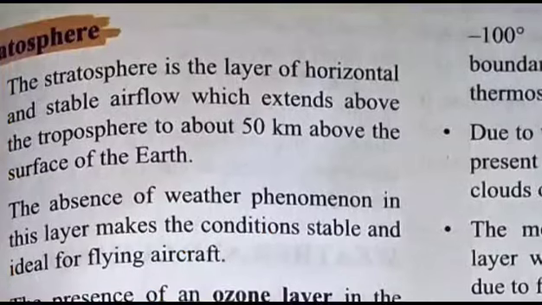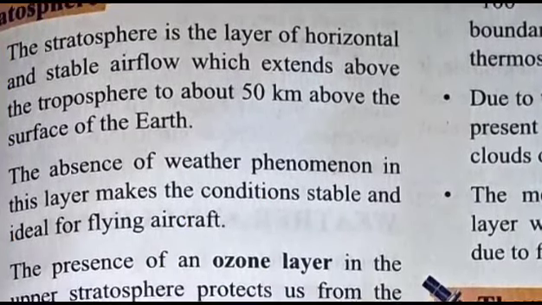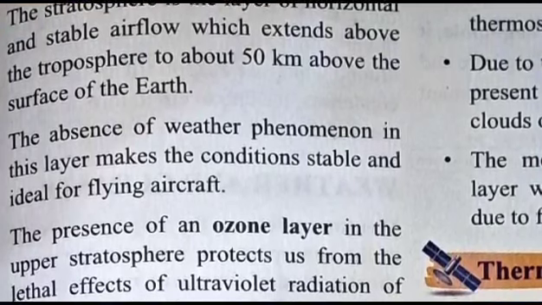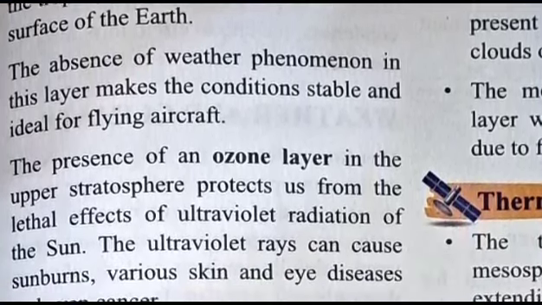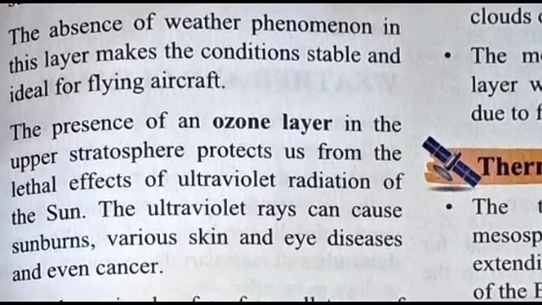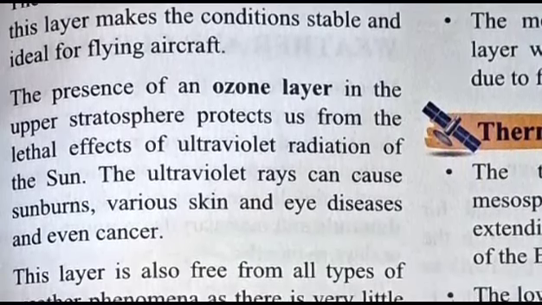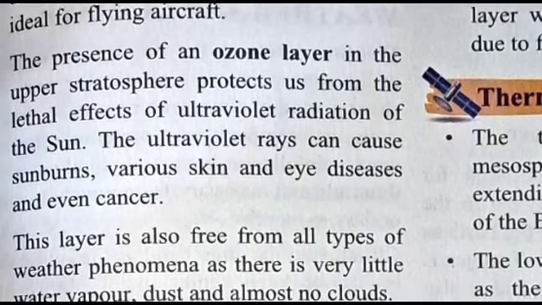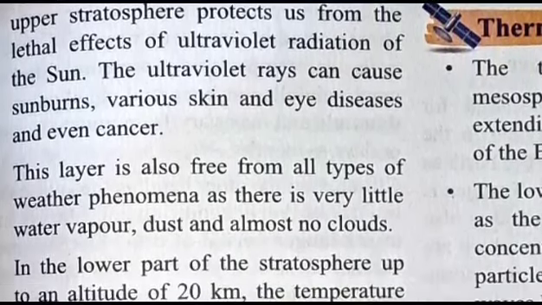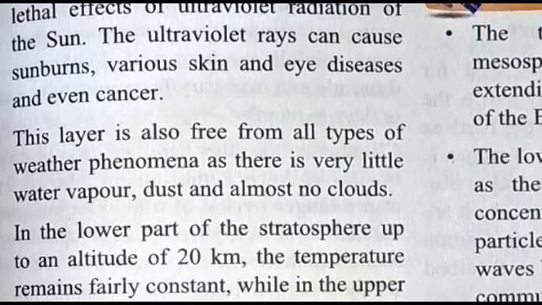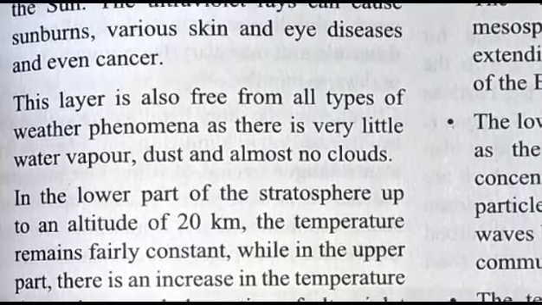Second is stratosphere. The stratosphere extends from the troposphere to about 50 km above mean sea level. This layer has nearly no clouds and is not affected by any weather condition, because of which it is considered ideal for flying aircraft.